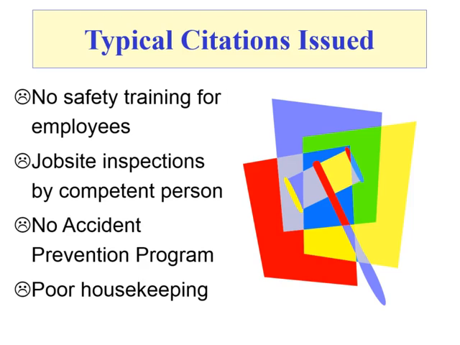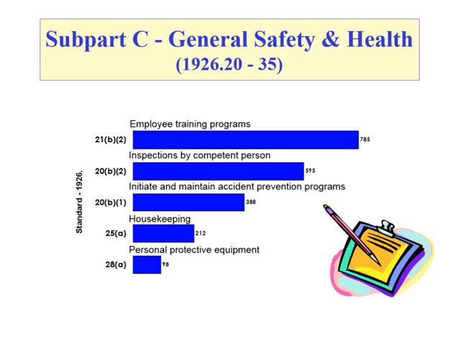So we have safety training, job site inspections by a competent person, no accident prevention program, or poor housekeeping. Poor housekeeping is a big one in all industries, but construction seems to have poor housekeeping build up that much faster. If you look at the number of inspections and the number of citations, and I don't know exactly what the period of time is, you see training is way up there.